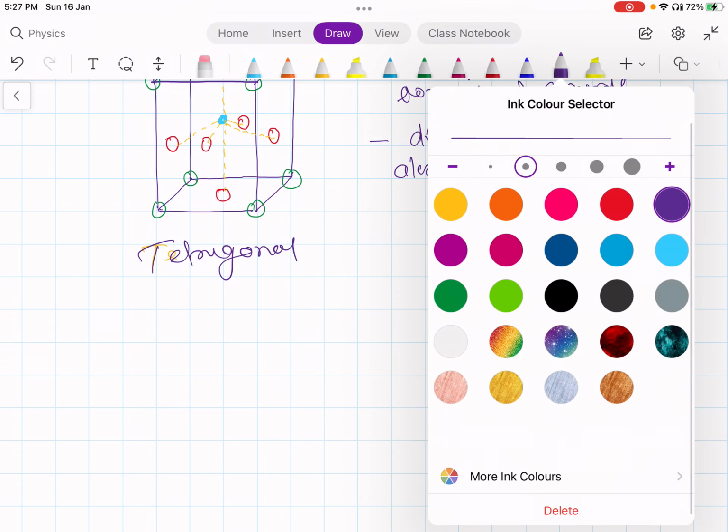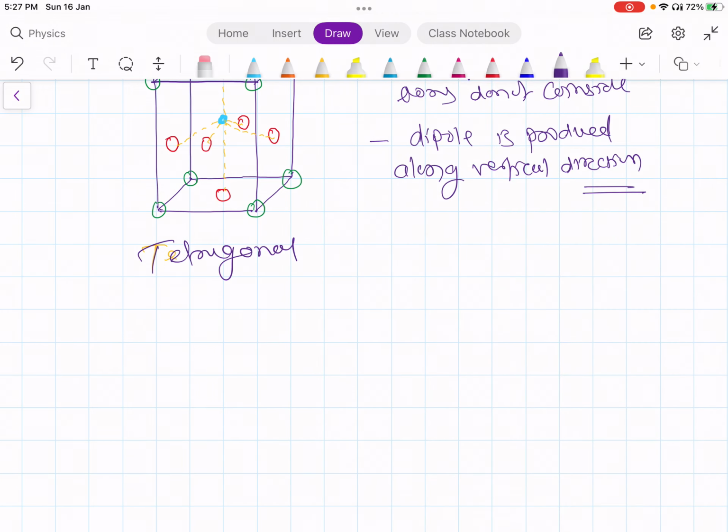So let's see what is the atomic basis for this. Atomic basis is equal to 5 atoms per lattice point.